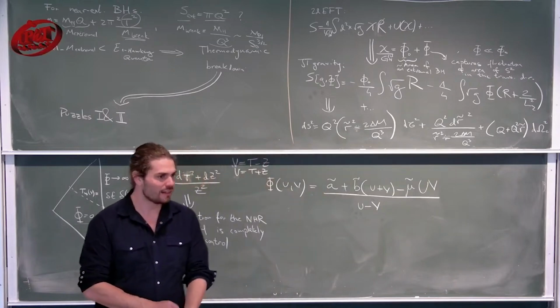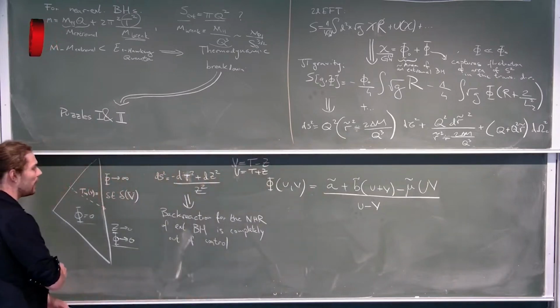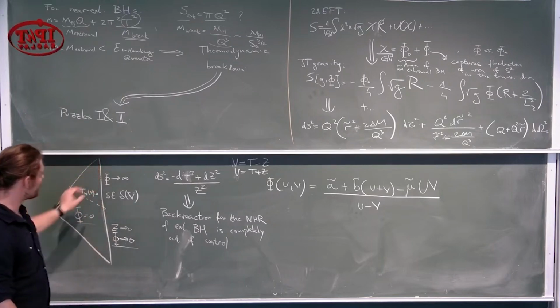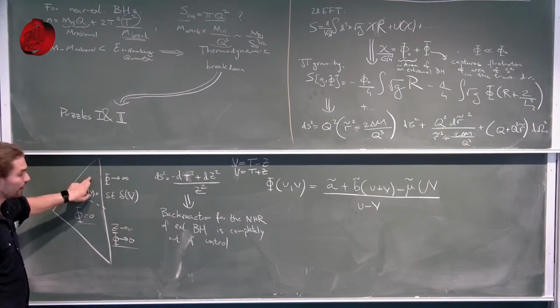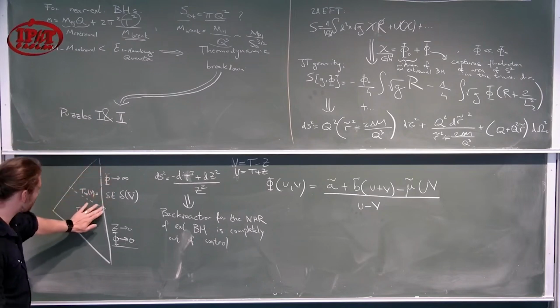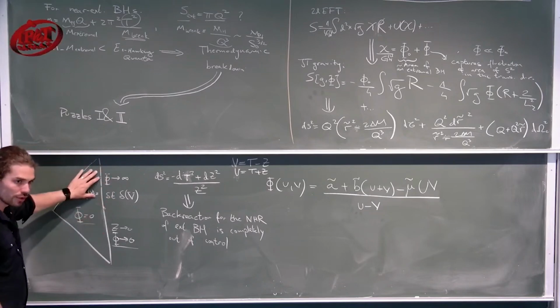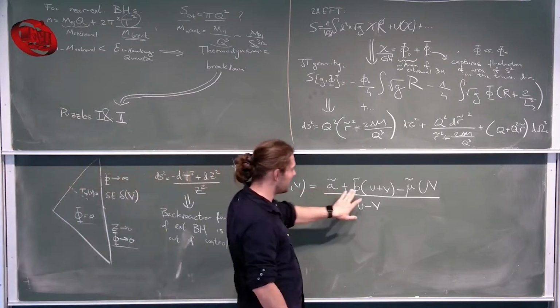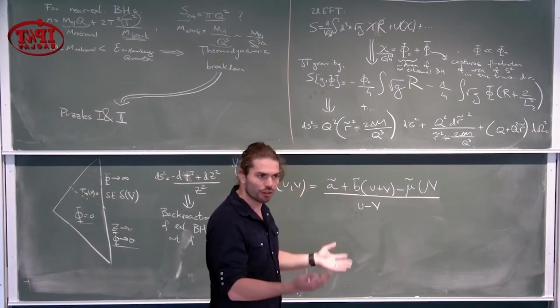All right. So yeah, the idea was that when you turn on this matter source, the equations of motion here are the same. The solution is the same. You just have to glue the solution past this light cone to the solution before this light cone. The only thing that could change are these constants, a tilde, b tilde, or mu tilde.